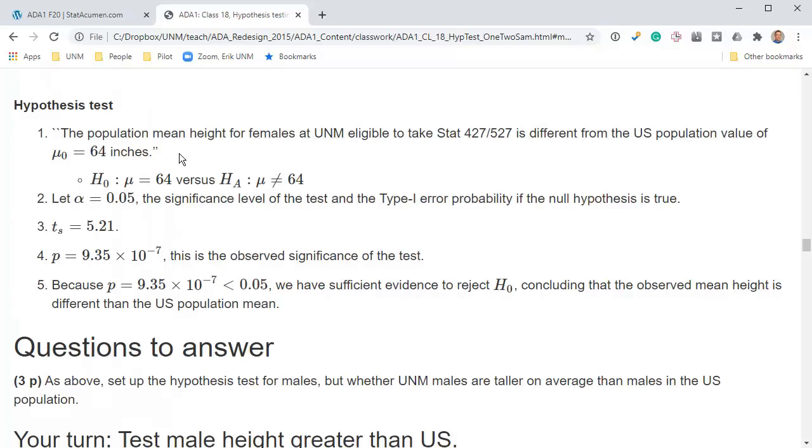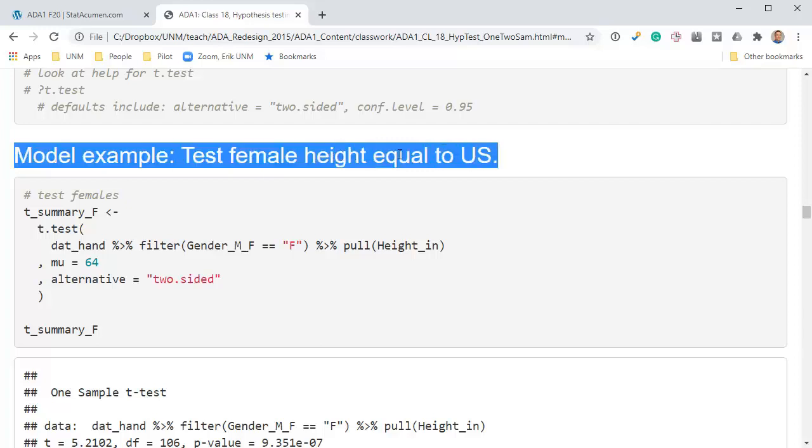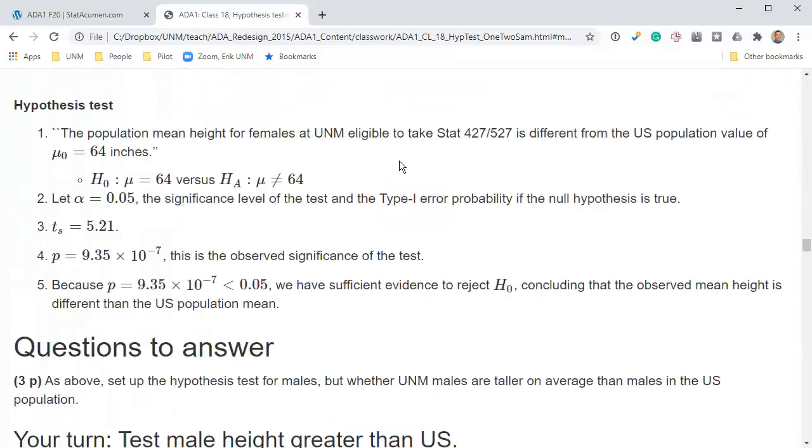So the hypothesis here was to test whether female height is equal to the U.S. average. Okay, so equal is the key part here. There we go. Equal. You get it. All right, so here it is in words. The population mean height for females at UNM eligible to take our statistics class, right?